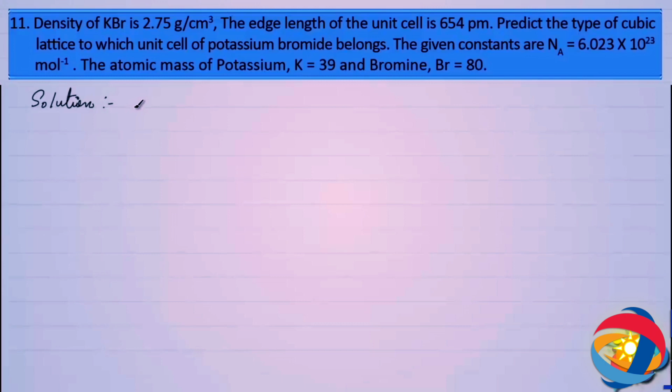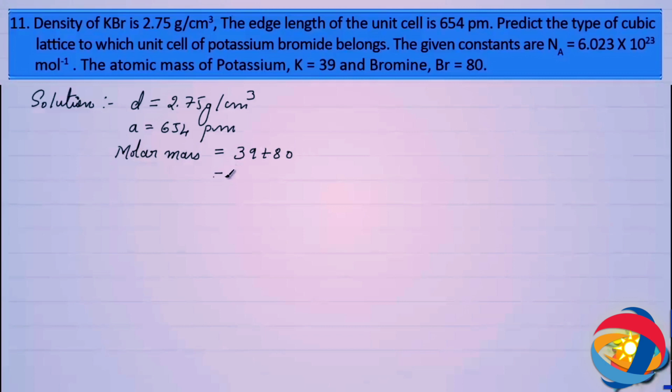from the data we have density is equal to 2.75 gram per centimeter cube and edge length as 654 picometer and the molecular mass is the sum of the atomic masses, which is already given, and hence 39 plus 80, which is equal to 119 gram per mole.